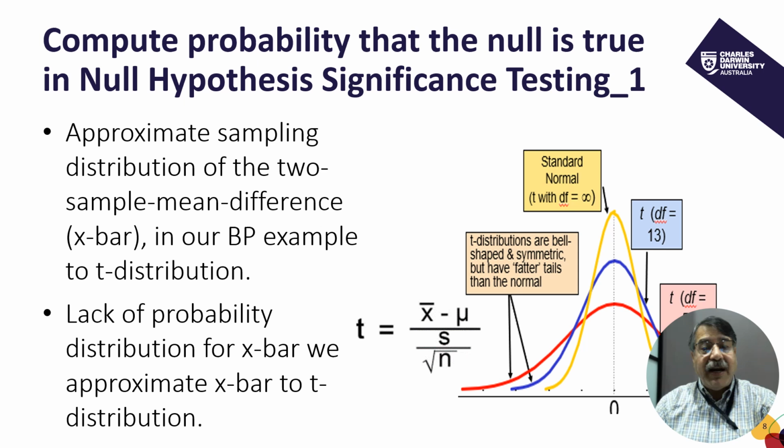So we calculate this t statistic, which is in the diagram in the form of an equation: the two sample mean difference x bar, subtracted by 0, because in the population we have a 0 there, and we weight it with the standard error.